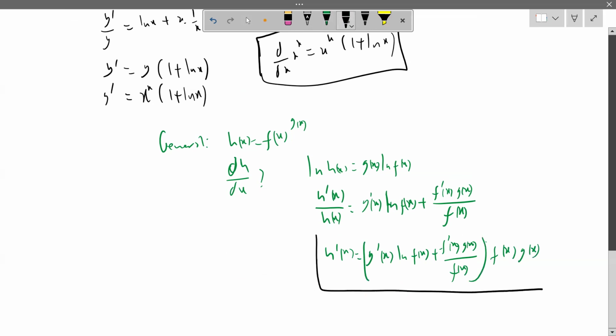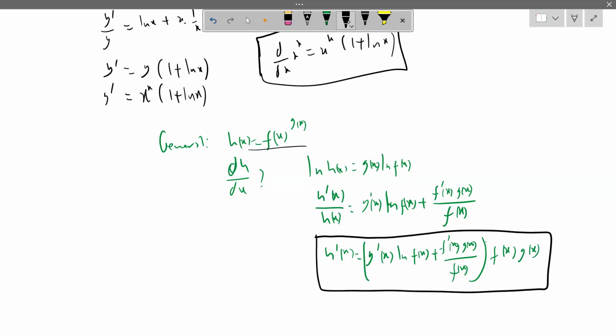So this is the most general formula for functions of this form, but I don't recommend memorizing it because it's quite messy and you are better off just knowing how to do it.